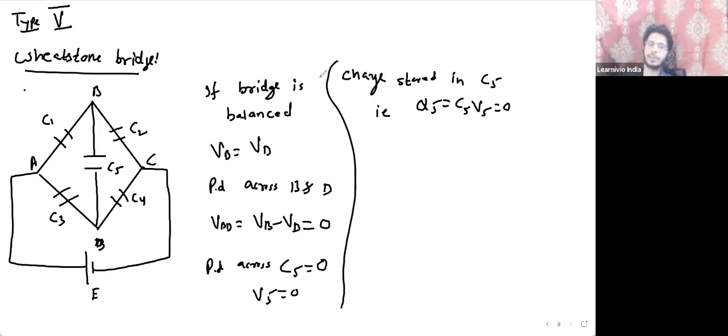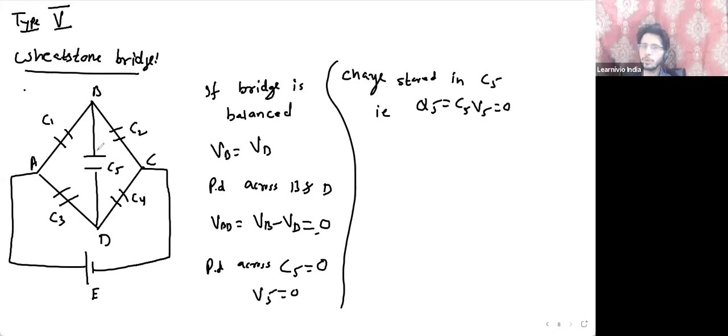Bridge is balanced if potential at B is equal to potential at D. If B and D have same potentials, then potential difference across B and D is 0, because for potential difference we subtract them. That means potential difference across C5 is 0. V5 is 0. If potential is 0, that means no charge is stored in C5.